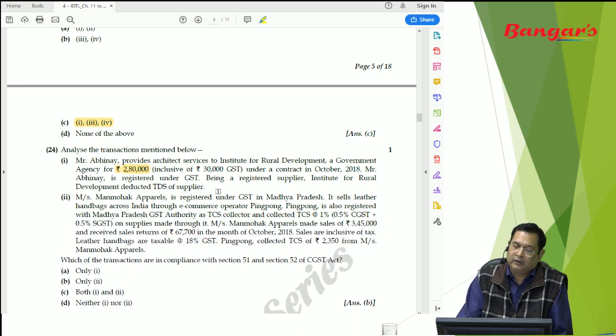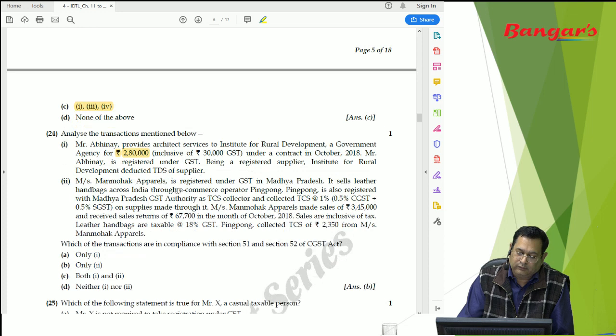Is it justified? Only when the contract value exceeds rupees 2,50,000 will there be a TDS requirement. So in this case, since the contract value does not exceed rupees 2,50,000, there will be no requirement of tax deduction at source. So this is not in compliance with the provisions of section 51.